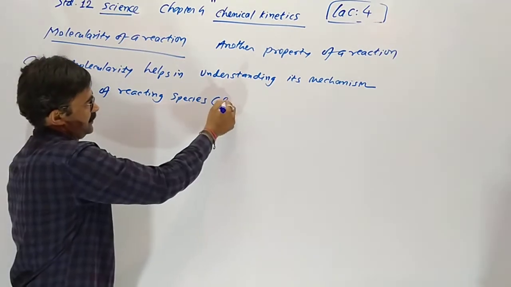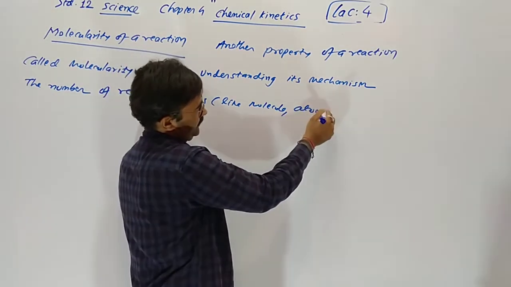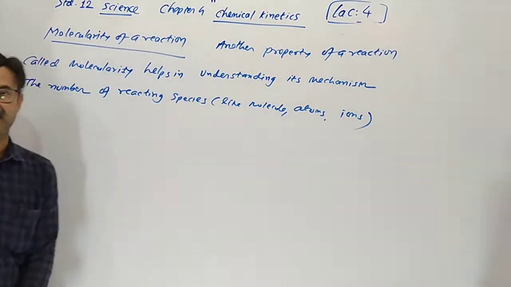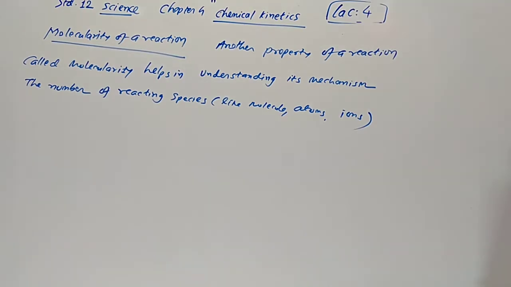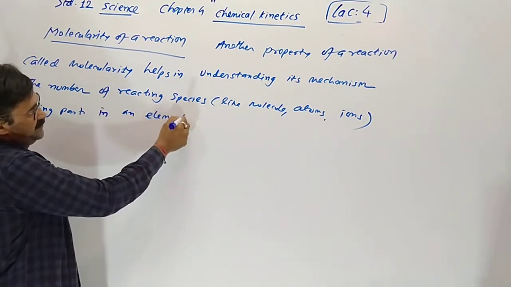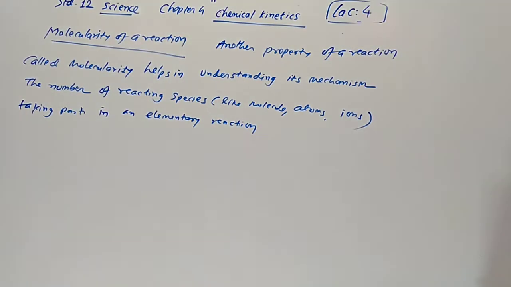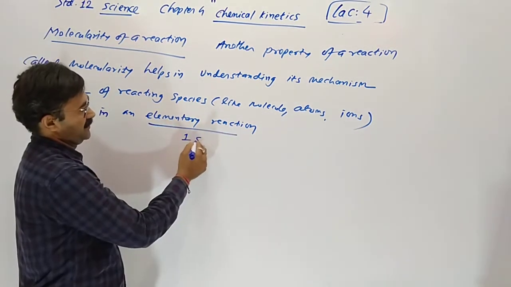The number of reacting species like molecules, atoms, ions. Species means atoms, molecules or ions taking part in an elementary reaction. This is the definition. What is elementary? Elementary means the reaction occurs in only one step.